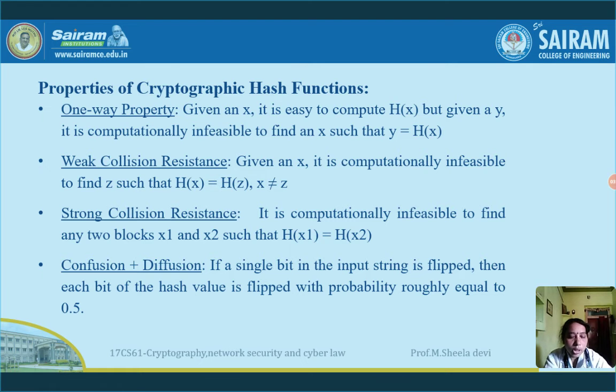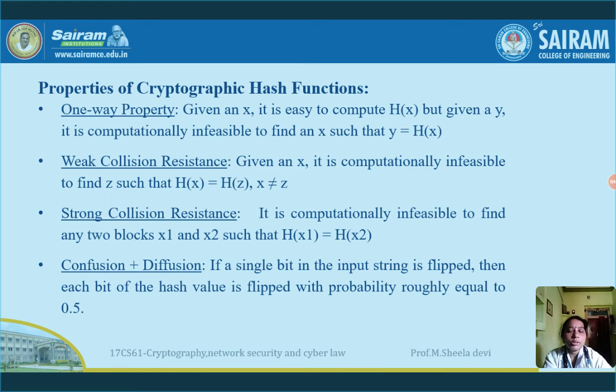You have one message in your hand called x, and you have applied hashing and calculated h of x. With this, an unauthorized person cannot create a message called z. Obviously that will not be equal to x. That is why he is going for changes. If he does the changes, that will not be equal to the message you have created.